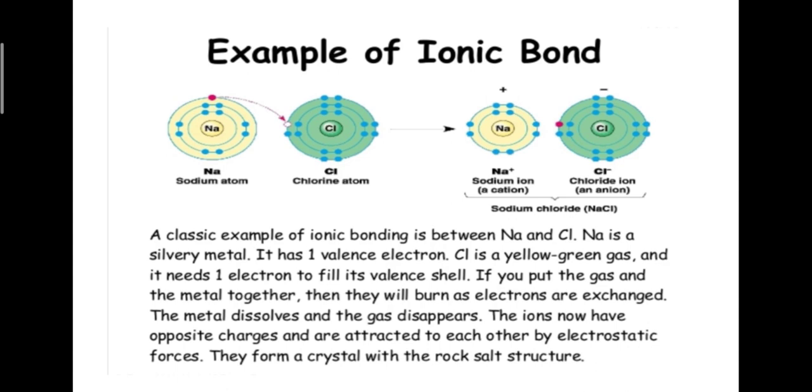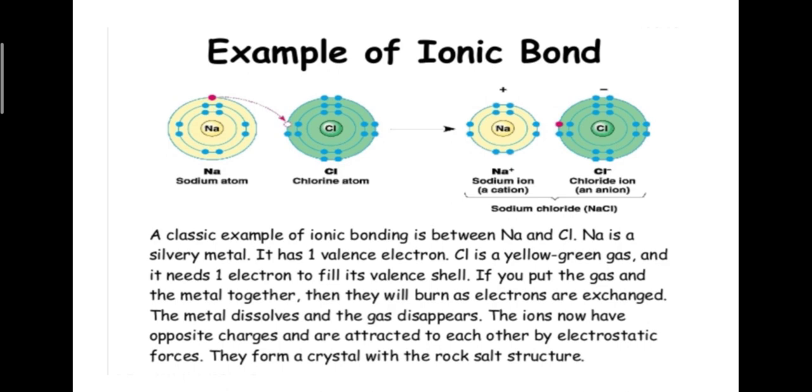So you can see there is a transfer of electron. Sodium is a cation. It has lost one electron, it has transferred one electron to Cl. You can see here that the valence shell octet is now complete, the outermost shell has all paired electrons, and in the chlorine also the octet is complete.